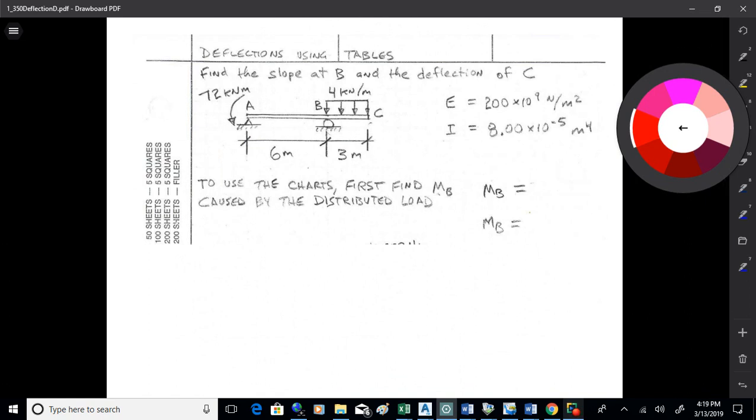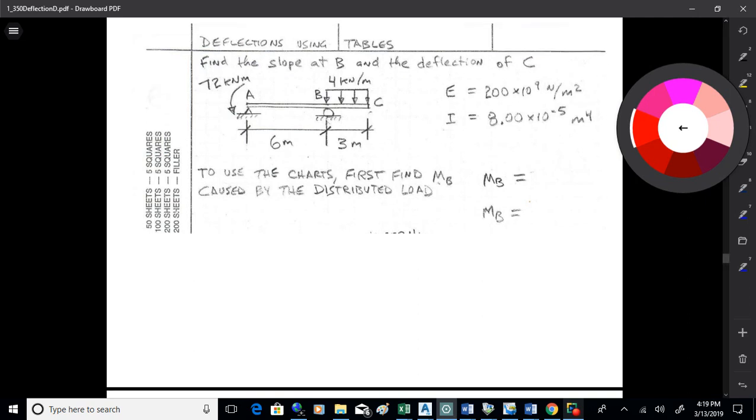So let's find the slope at B and the deflection of C. Now to do this, I'm going to have to use the charts pretty creatively because there isn't an overhang chart. So I'm going to have to work through what I got to handle the fact I don't have a chart for overhangs.